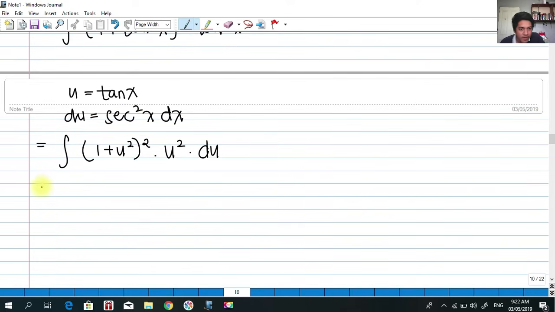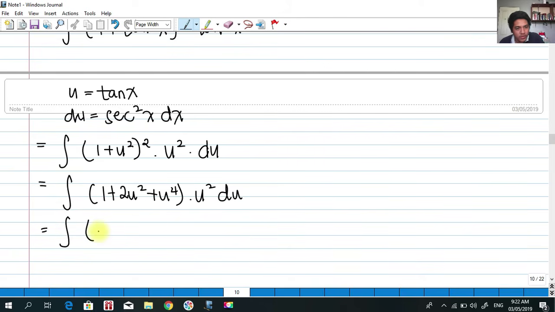So we have now to evaluate the integral, that is 1 plus 2u squared plus u raised to 4 times u squared du, and distributing u squared, we have u squared plus 2u raised to 4 plus u raised to 6 du.